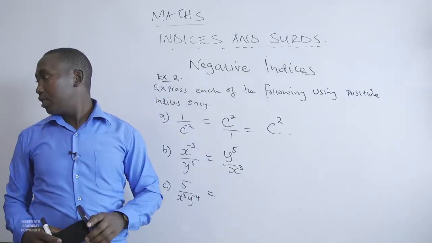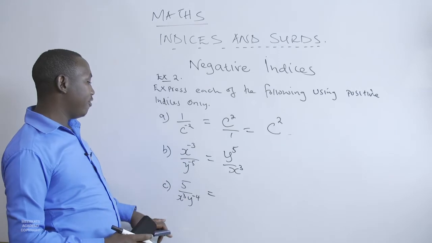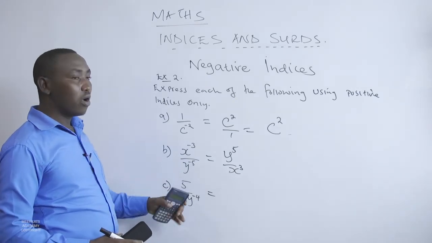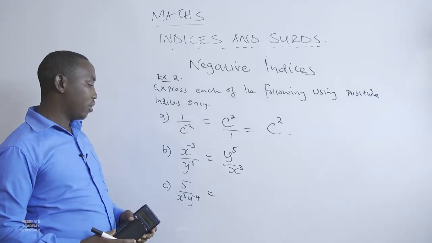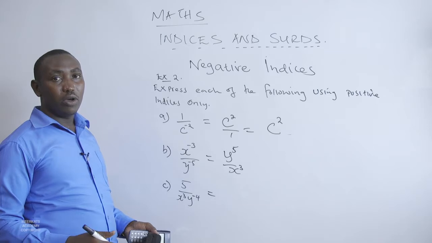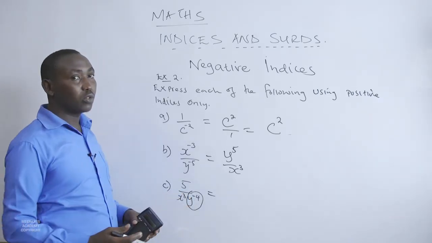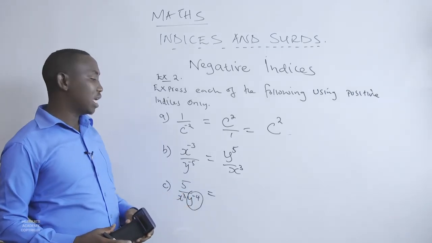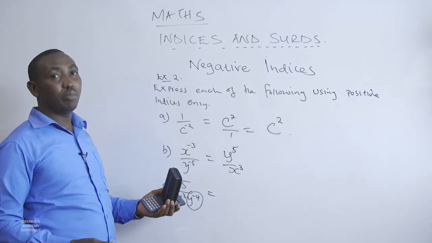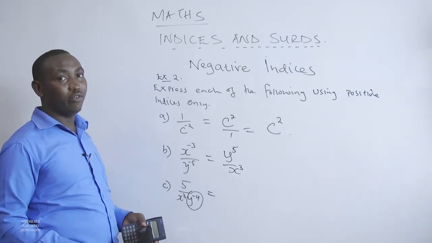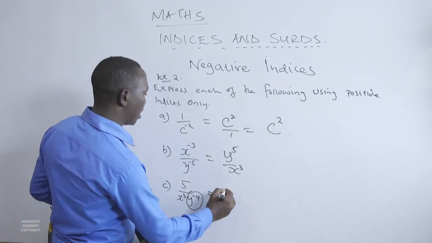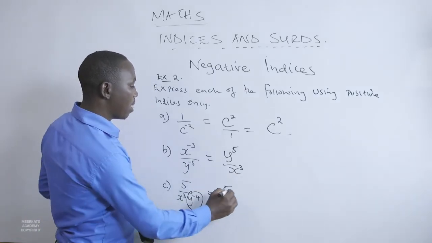Now number C, we have 5 over x cubed, y raised to the power of negative 4. The only interesting part for us is y raised to negative 4. That means we need to get the reciprocal of 1 over y raised to negative 4, and the 5 will remain.